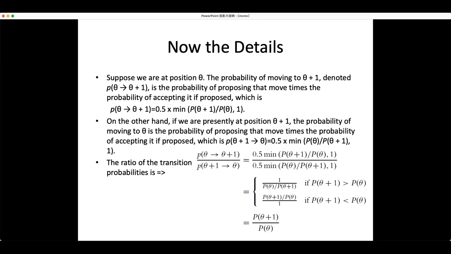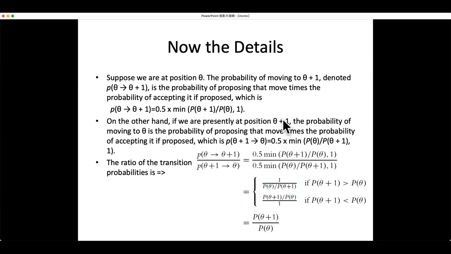So if we are presently at position theta plus 1, the probability of moving to theta is going to be represented by this one: P of theta plus 1 going to theta is 0.5 times this one. If we try to see, there are two possibilities.